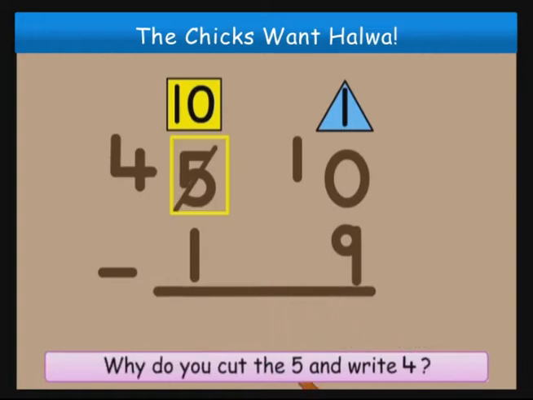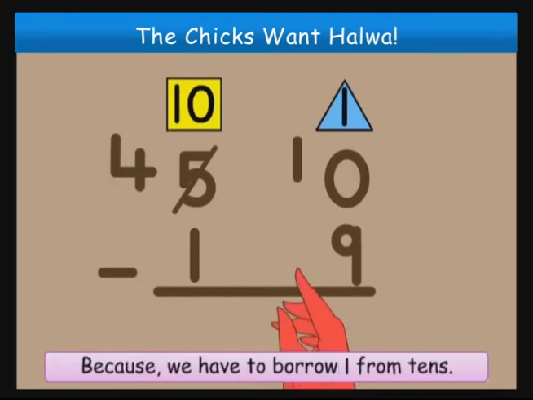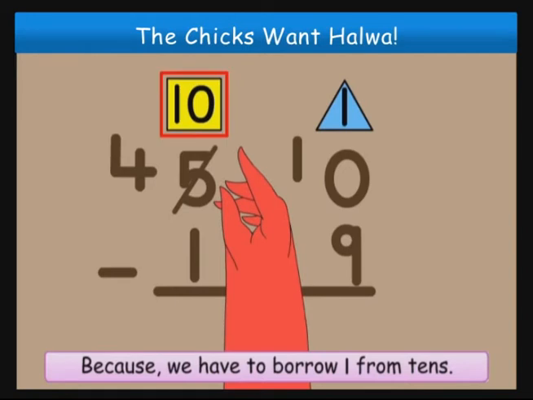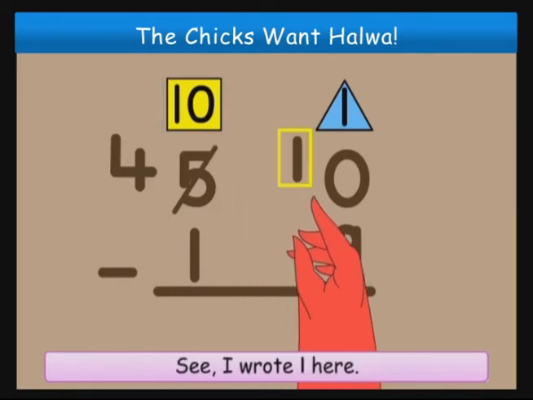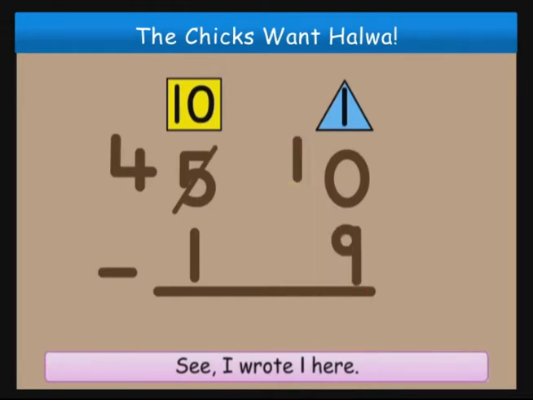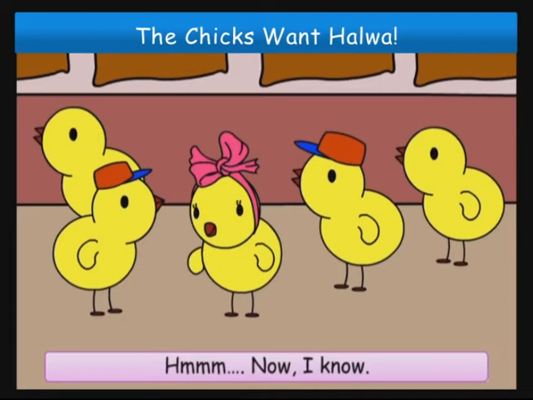Why do you cut the 5 and write 4? Because we have to borrow 1 from tens. See, I wrote 1 here. Now I know.